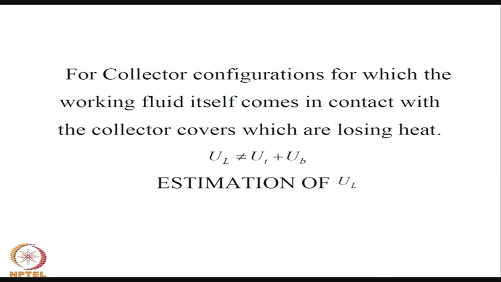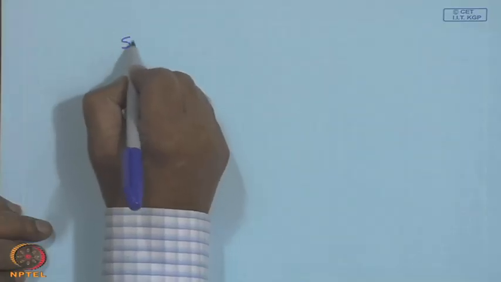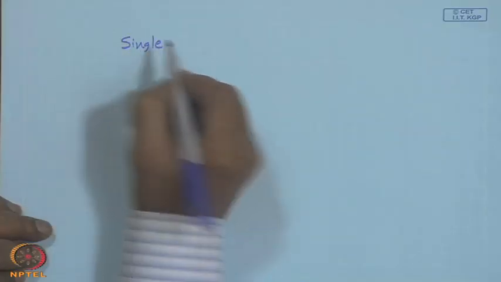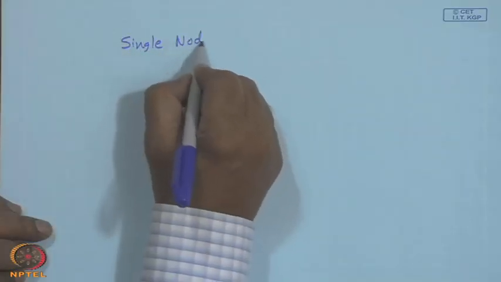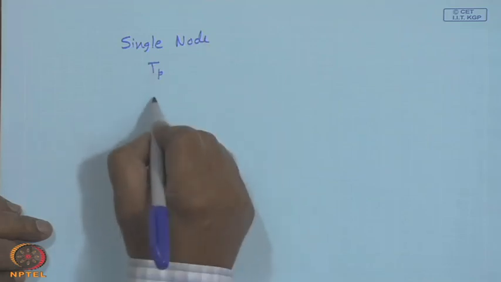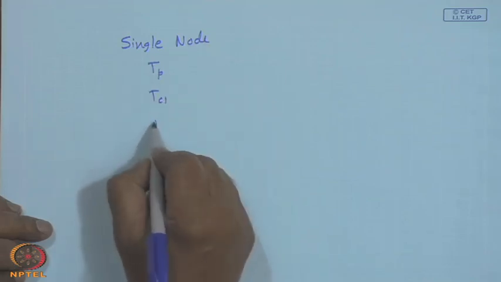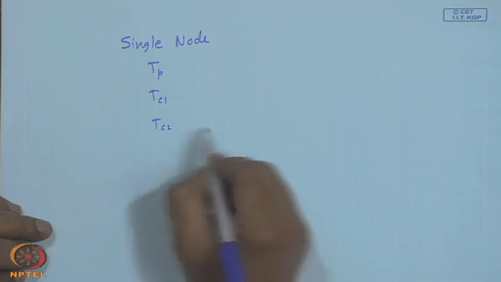So, having done these things, what did we do? We assumed a single node Tp, Tc1, Tc2.